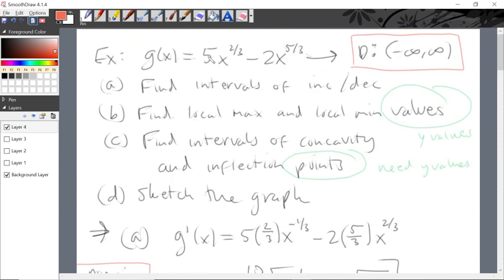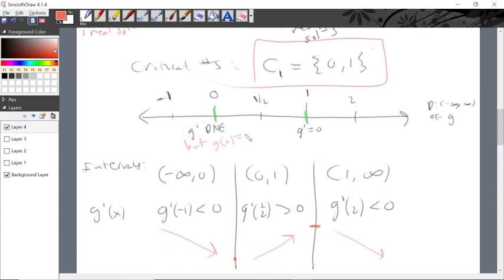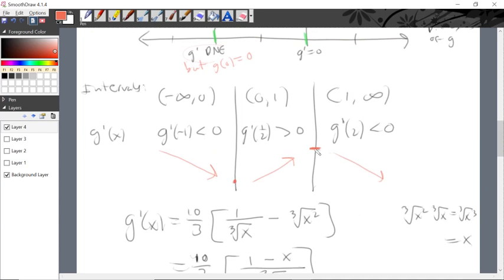We can evaluate real quickly: 5 times 0 minus 2 times 0, so that's just 0. So it exists. I'm going to put it here as just a point, whereas I put this little horizontal dash to show that it's in fact a horizontal tangent line. So we do in fact have a local min right here. We have a local min at this point right here. We have a local max at this point right here.